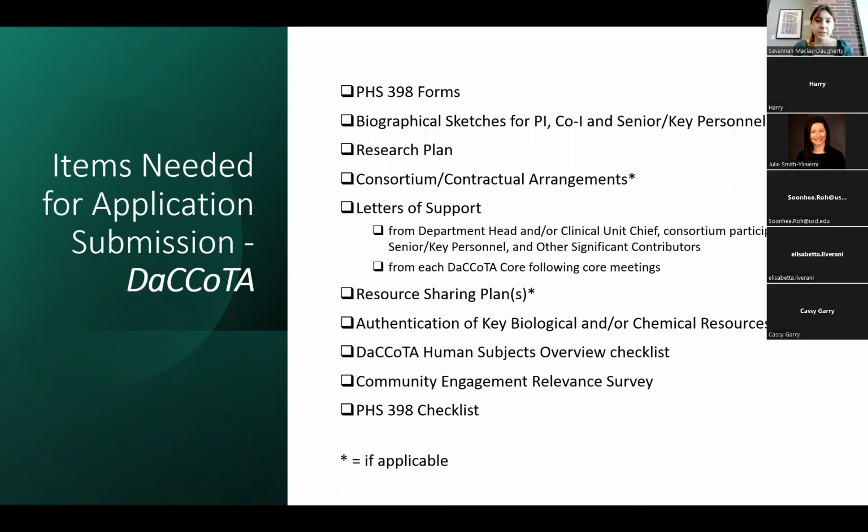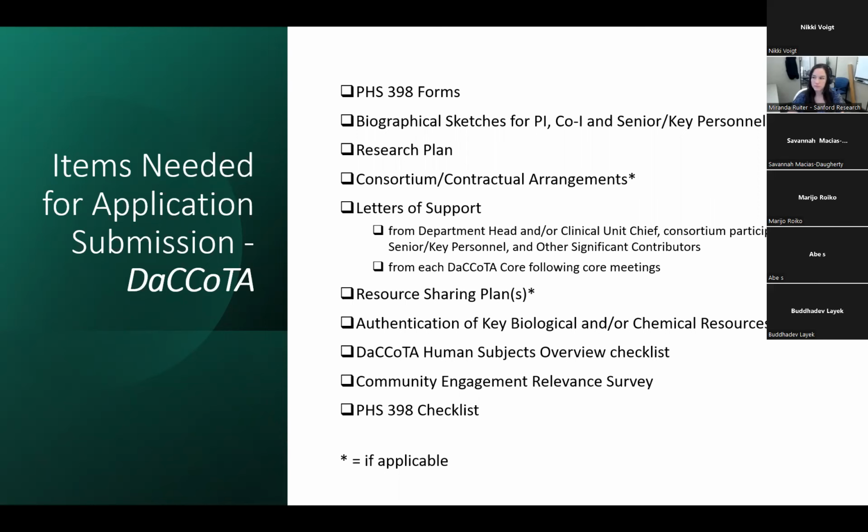And then you have your biosketches, your research plan, you have consortium and contractual arrangements, you have your letters of support, and these come from various different sources, like your department head or clinical chief and other participating members of your research project. And then each DaCCoTA core after your core meetings. And these are required core meetings that you'll have once you're in development of a complete application.